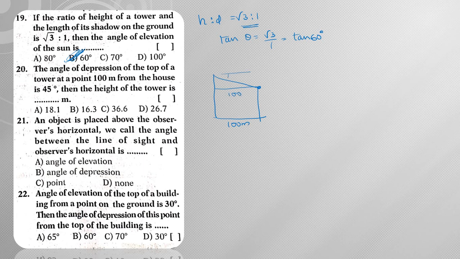So if this is 45 degrees, then this is also 45 degrees. Then the height of the tower is asked. So he is asking you to find out this particular height. So if this is 100 meters, then this is also 100 meters, right?